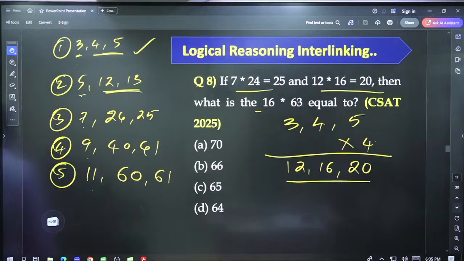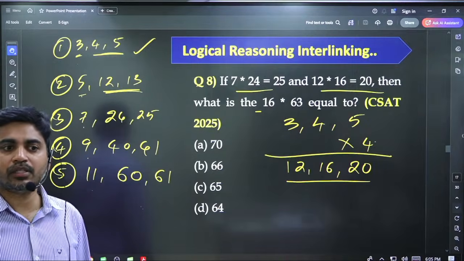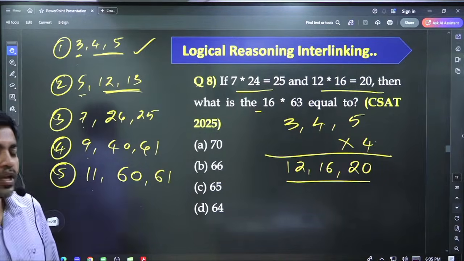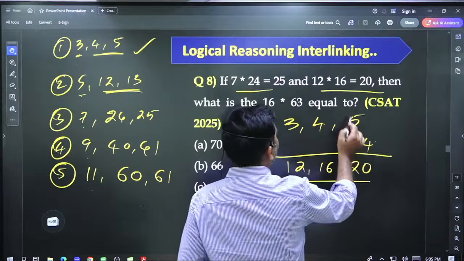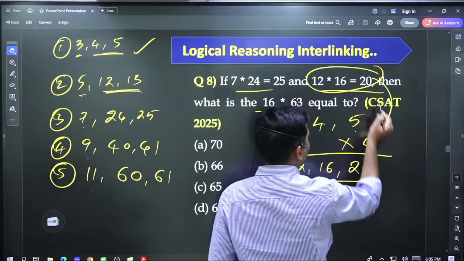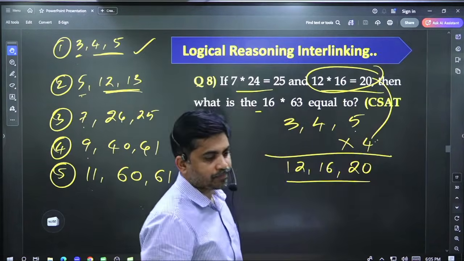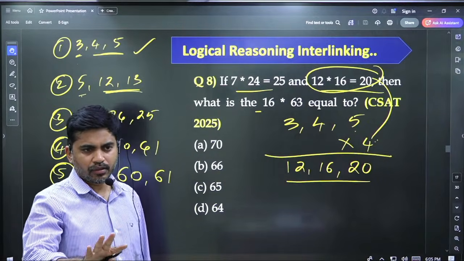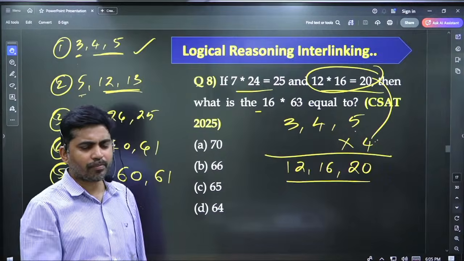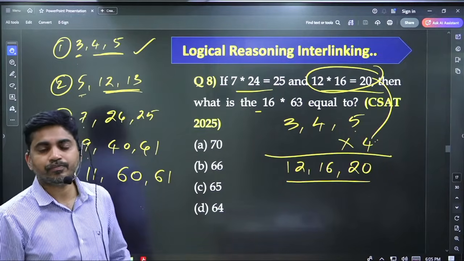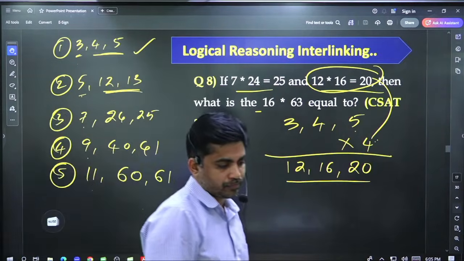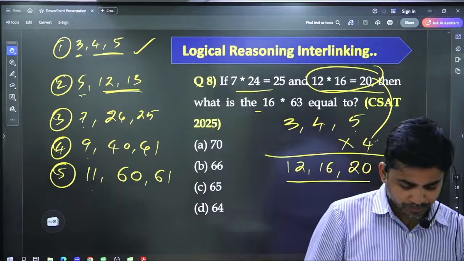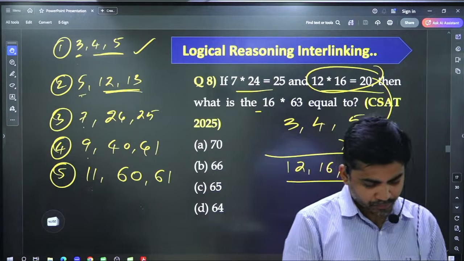Whenever you multiply a basic triplet with any number, the result is also a triplet. Instead of 3, 4, 5, they have given this, multiplied by 4. Sometimes they will give 30, 40, 50. 30, 40, 50 means 3, 4, 5 multiplied by 10. Chalo. Next one.